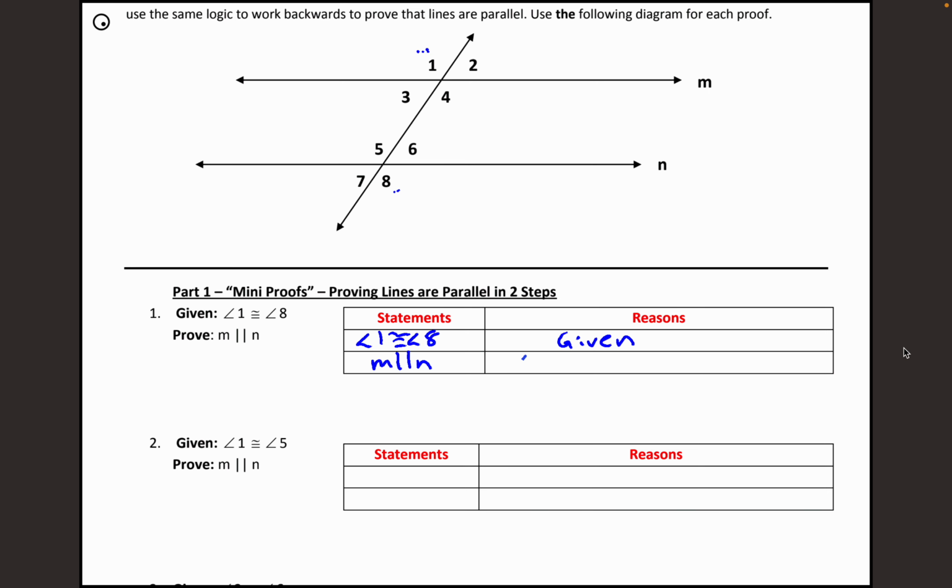So my reason is alternate exterior converse, because that's how angle 1 and angle 8 are congruent if M and N are parallel. Does that make sense?